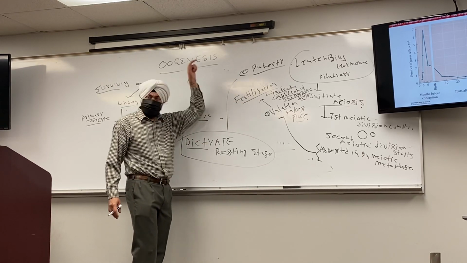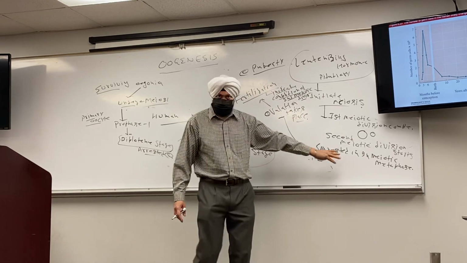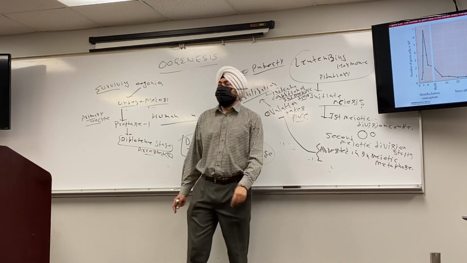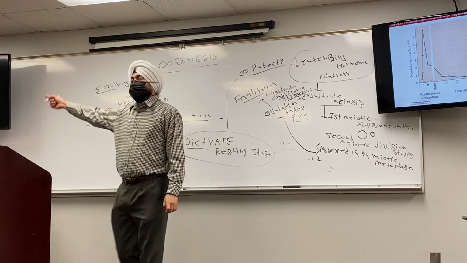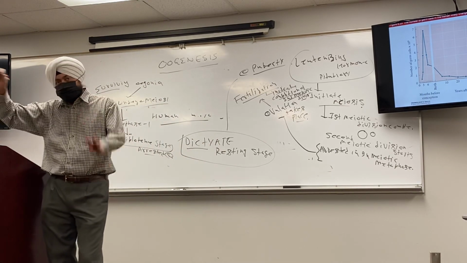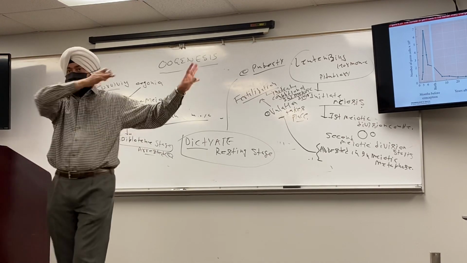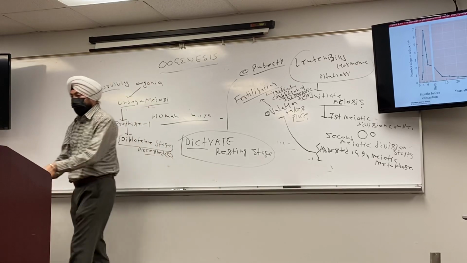When the fertilization takes place, that basically removes this arrest in the second meiotic metaphase, and the second meiotic division is complete. Making sense? Okay, talk about this scenario for a second, then we'll talk about how all those things are happening.